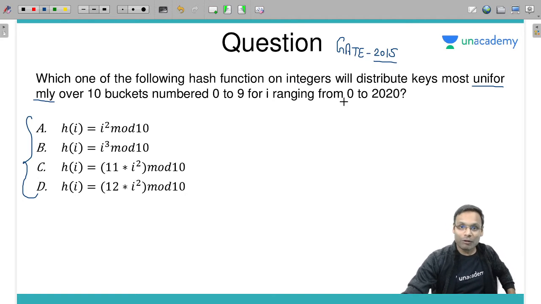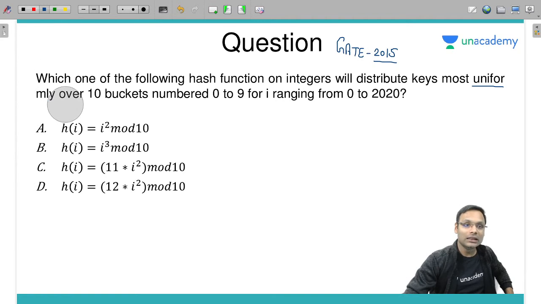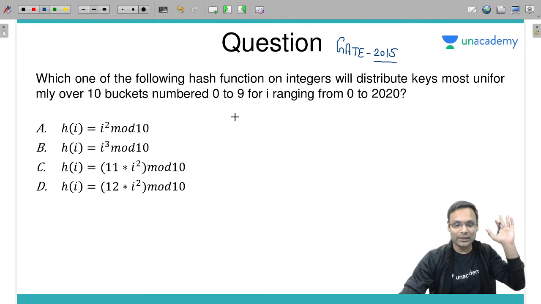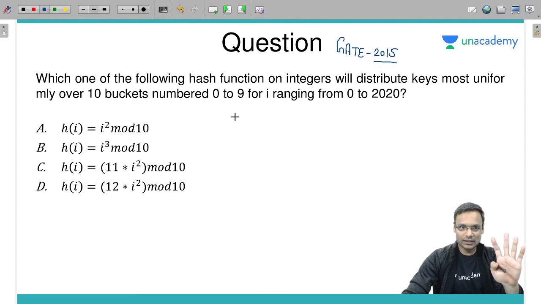So if value of I is 0 to 2020, which hash function among these four will give you uniformly all the slots with equal probability? Look at this.